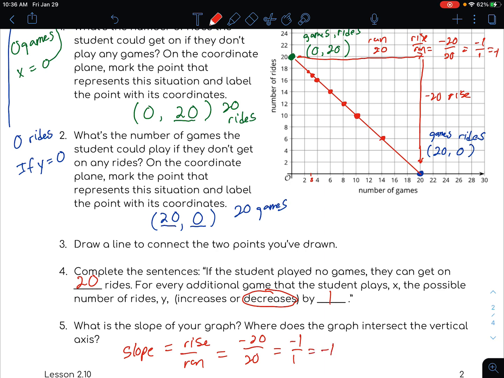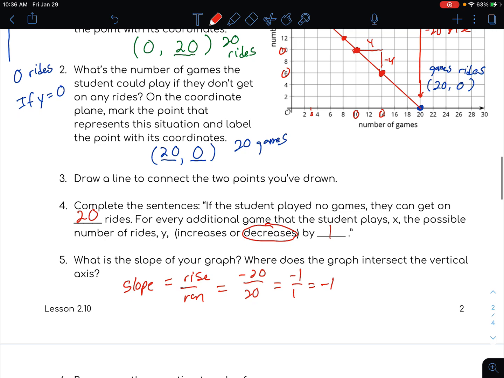You could do that same thing for any 2 points. For instance, if we took these 2 points, we're going up by 4 for the run and down by 4 for the rise. Negative 4 over 4 would still reduce to negative 1.